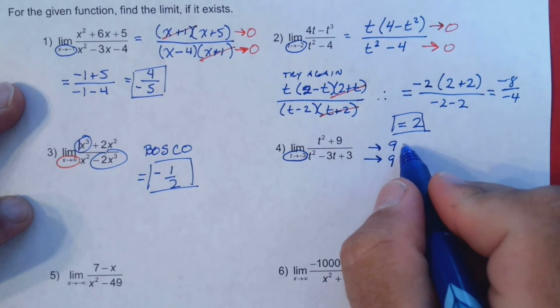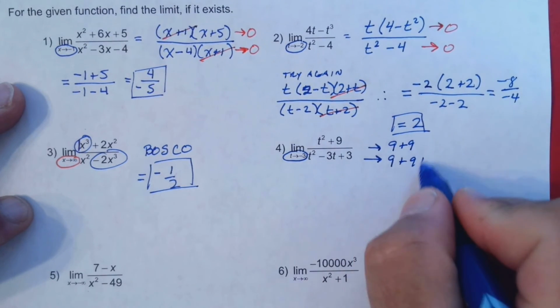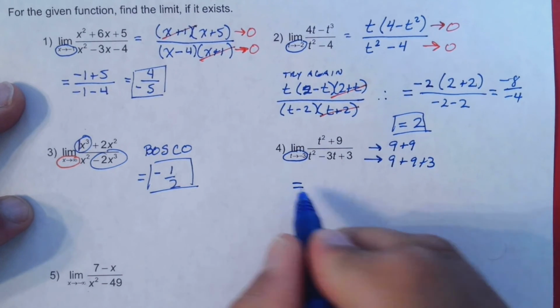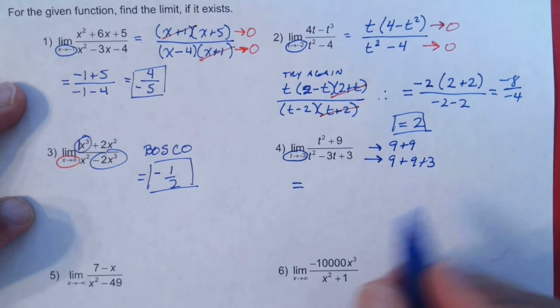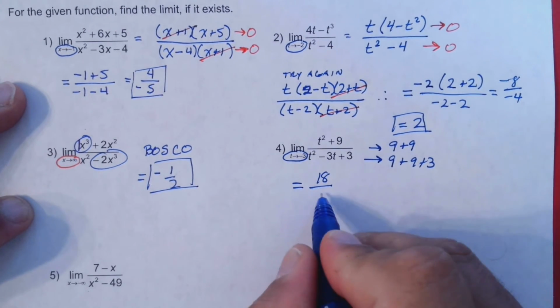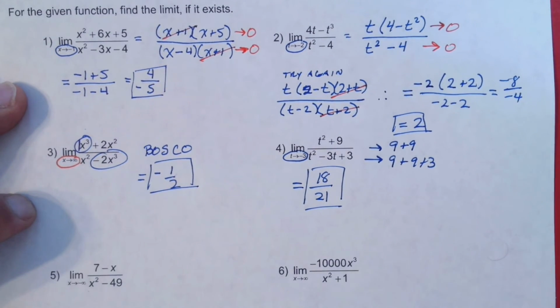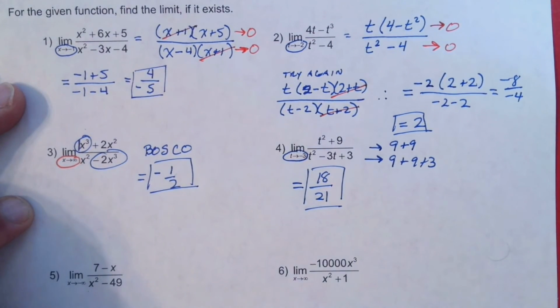All right, then I'm going to have 9 plus 9 in the numerator, and I'm going to have 9 plus 3 in the denominator. So I'm able to evaluate this directly, and that's going to be 18 over 21. And unless you're told to simplify, 18 over 21 is a perfectly valid answer.